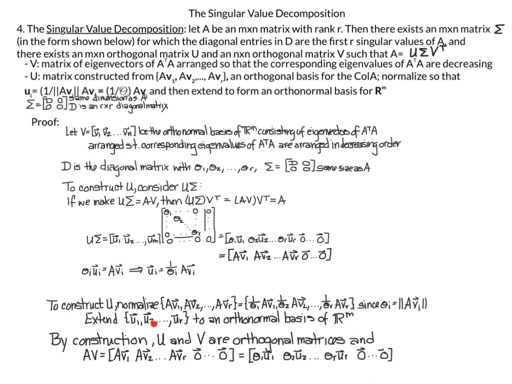But if we don't have enough vectors to form a basis for Rm, we're going to have to extend that basis, and it needs to be orthonormal. I have an example on how to do this. And last note, by construction, U and V are orthogonal matrices, and AV is equal to AV1, AV2 up to AVr, which equals sigma 1 U1, sigma 2 U2, up to sigma r Ur, and then zeros.